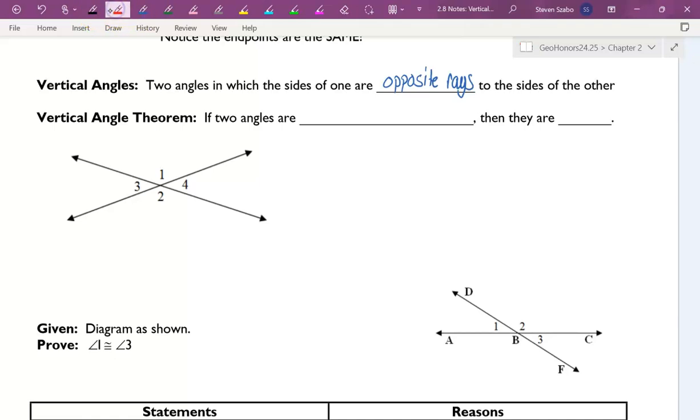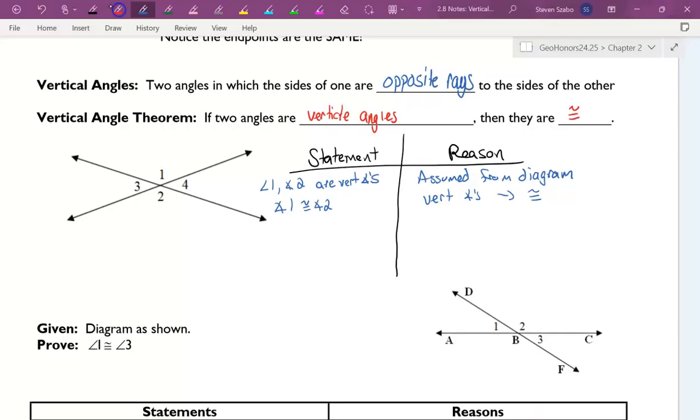It states that if two angles are vertical angles, then they are congruent. So in a proof, it might look something like this. If you recall, we are allowed to assume from the diagram that angles are vertical angles, so I could state that angles 1 and 2 are vertical angles, and then I could conclude that angle 1 is congruent to angle 2 because vertical angles are congruent.